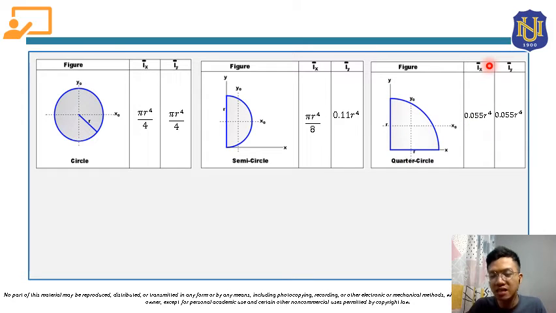Its x centroidal moment of inertia, measured from this axis, will be 0.055 r to the fourth. It will be the same for Iy bar, because it is the same whether we measure from here or from here. So you have to memorize these established moments of inertia.